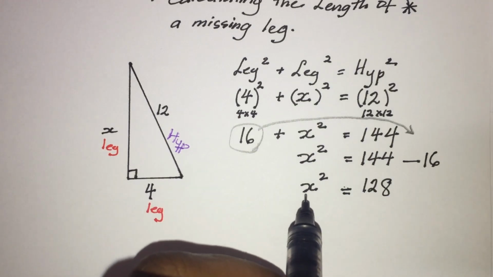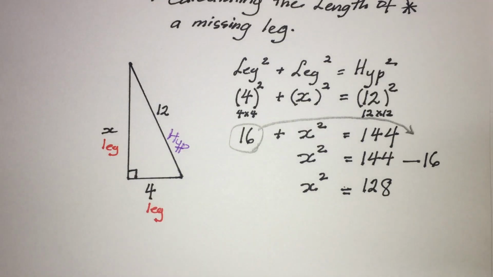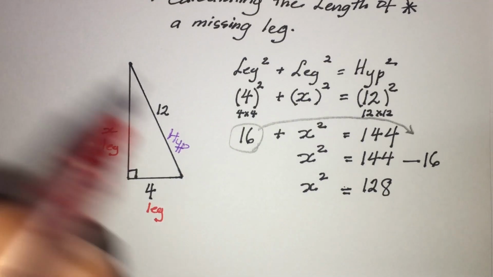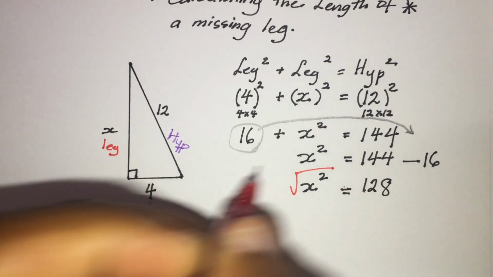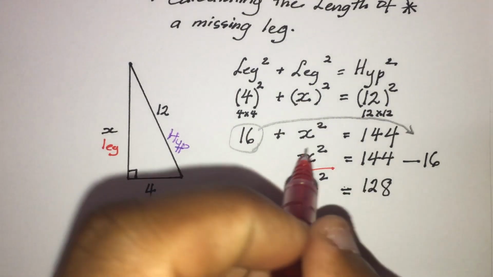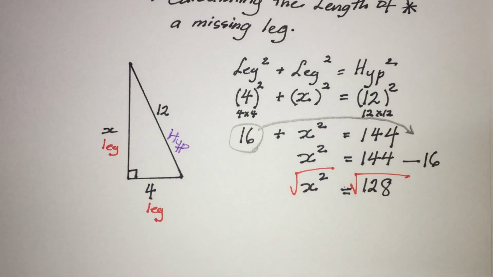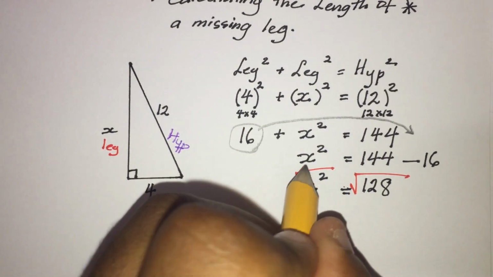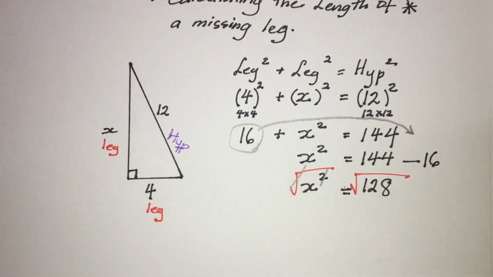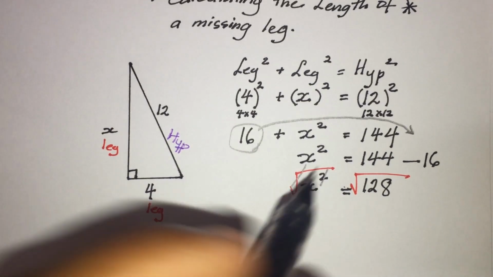We want x. So I need to do the reverse of squaring. That is square rooting. And to keep it balanced, what I do to the left, I should also do to the right. So the square root will cancel the square, leaving us with just x on the left side.